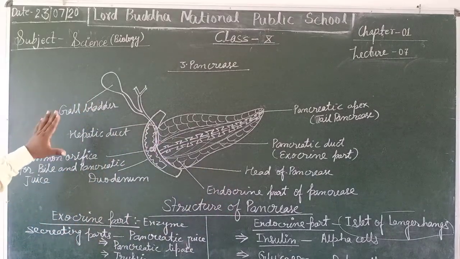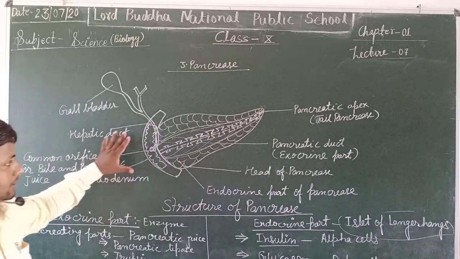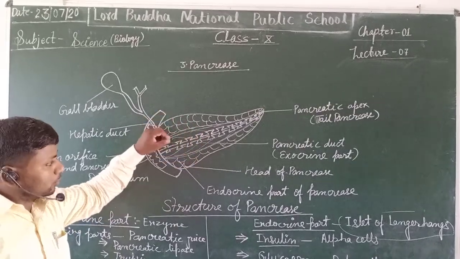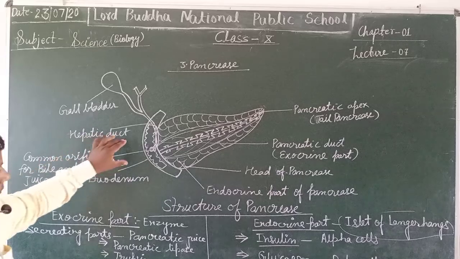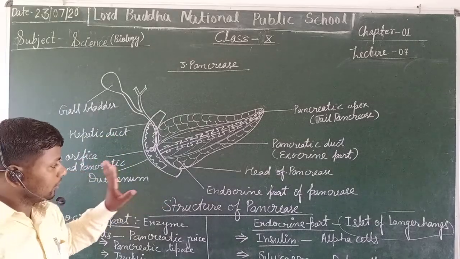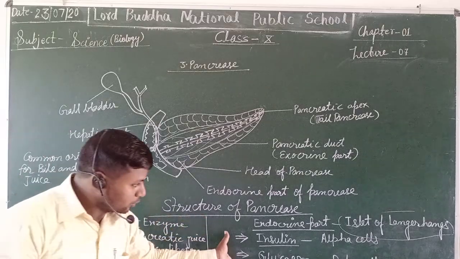Once again, I will explain in short. The pancreas is a mixed gland. It is the only mixed gland of our body; no other mixed gland is found inside our body. The pancreas is a mixed gland because it has an exocrine as well as an endocrine part.